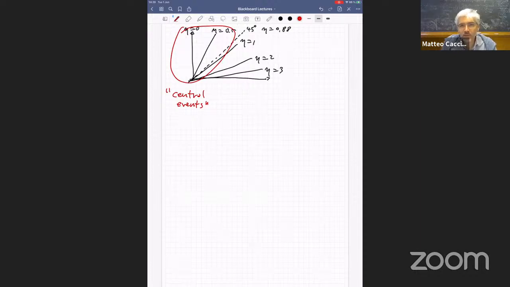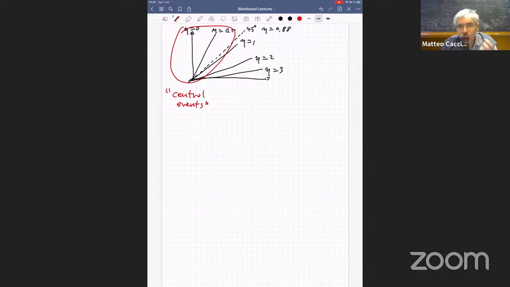Things may differ quite significantly if you consider instead the production of a very massive boson or particle like a top quark or a W boson. Their mass is of the order of 100 GeV. If you measure them with momenta of the order of 100 GeV or less, or even just a little more, of course, this is not the case anymore.